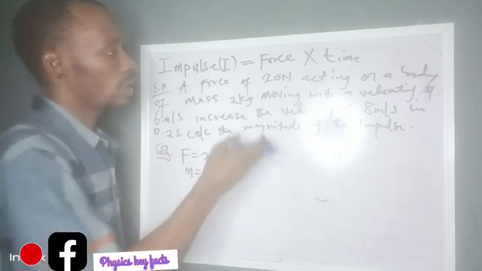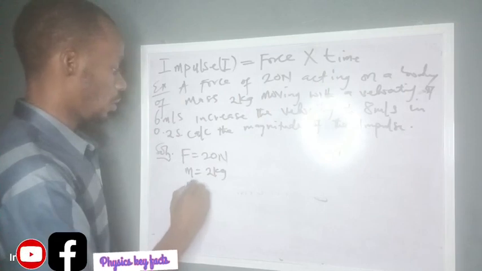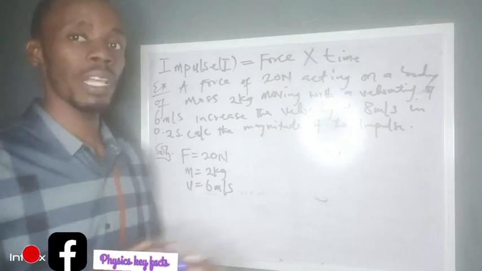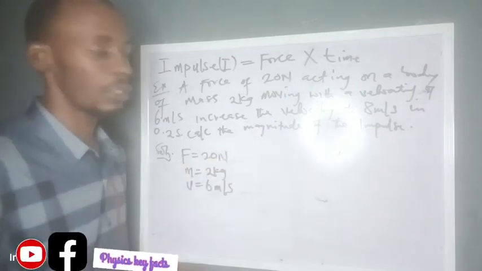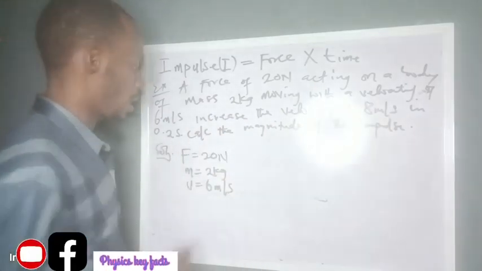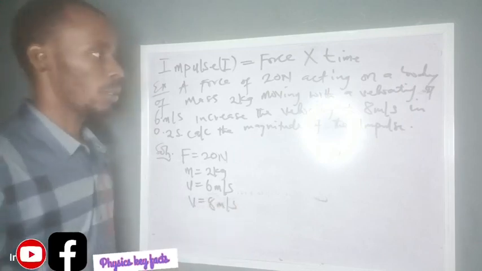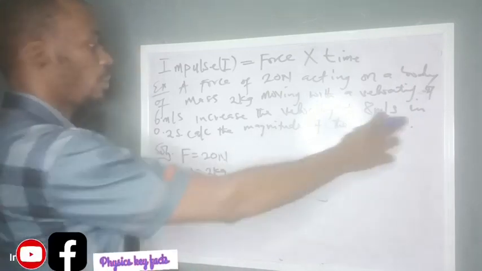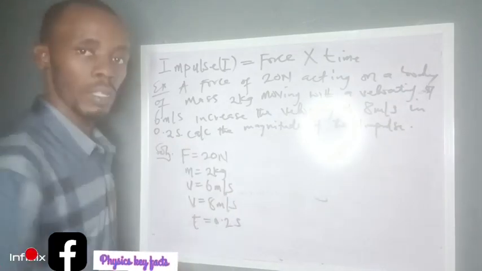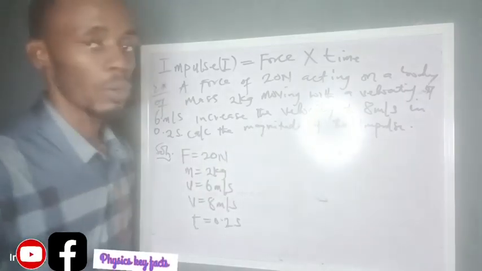And that body is moving with an initial velocity of 6 meters per second, which is the first velocity with which that body is moving before the force acted on the body, and then the force increases the velocity to 8 meters per second in time t of 0.2 seconds. So the question is saying, calculate the magnitude of the impulse.